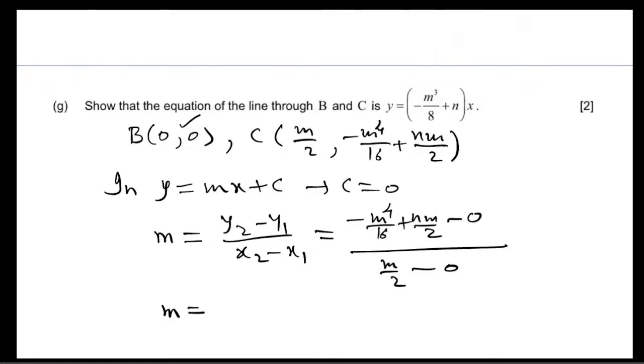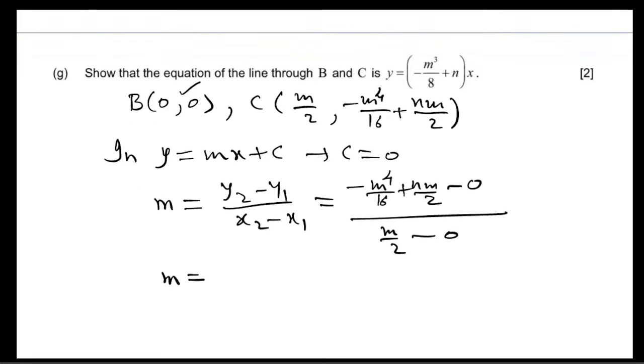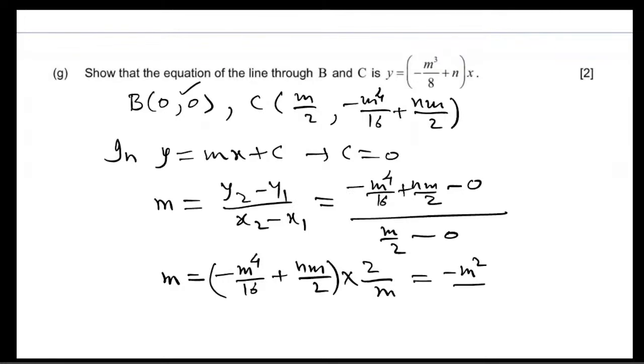When we divide it by m by 2, it means we will multiply it by 2 by m. In the denominator we have m by 2, so we will multiply the whole thing by 2 by m. That means one power of m will go. So therefore, we are going to get minus m cubed, and 2 will cancel with 16, giving 8. Plus, 2 will cancel, m will cancel, and n.